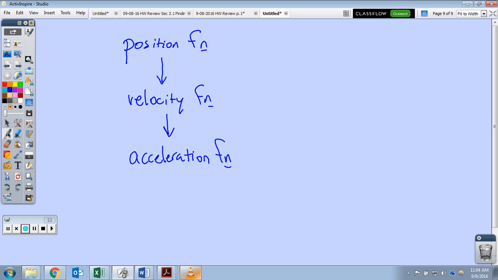And the derivative of the acceleration function is the jerk function. Now think of it like this. What is the rate of change of someone's position? Their velocity. For those of you that have studied physics, you have a head start on this. The rate of change of velocity, how fast velocity is changing, is acceleration. The rate of change of acceleration is jerk.